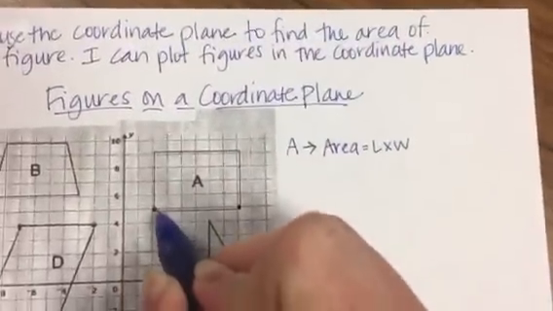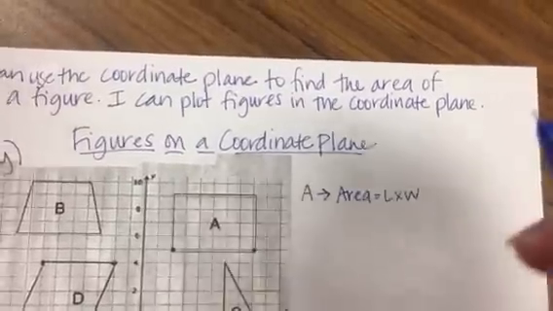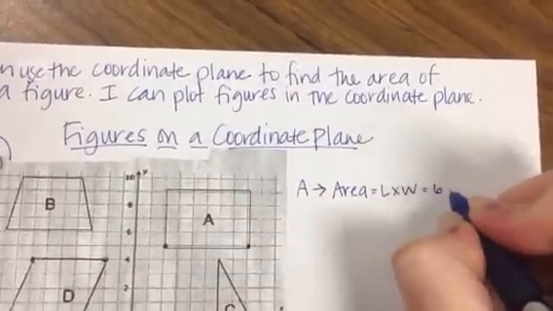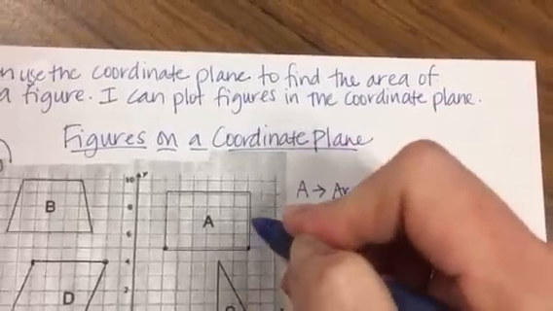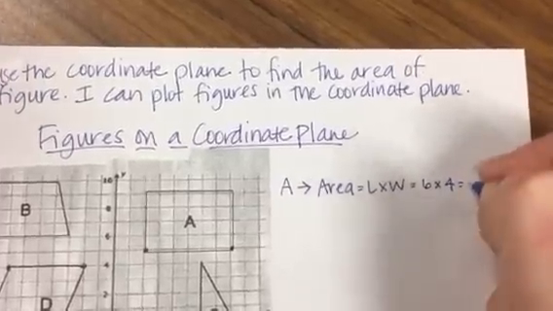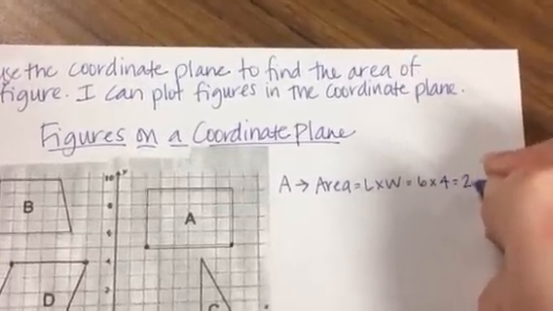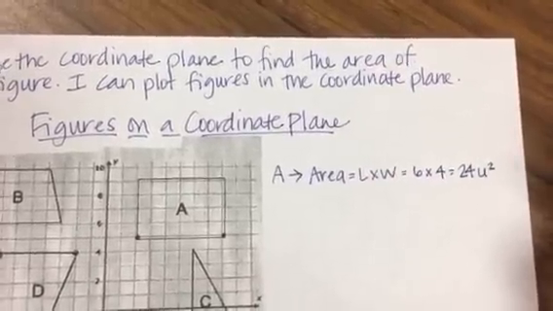So I count 1, 2, 3, 4, 5, 6 blocks. That means my length is 6, and I'm going to multiply that by the height, which is 1, 2, 3, 4 blocks. So that means the area of this particular shape is 24 units squared.